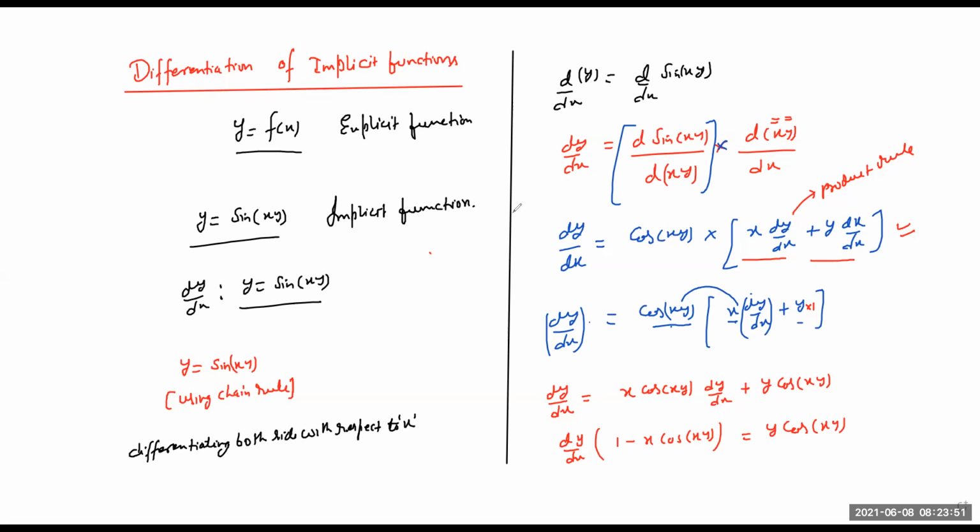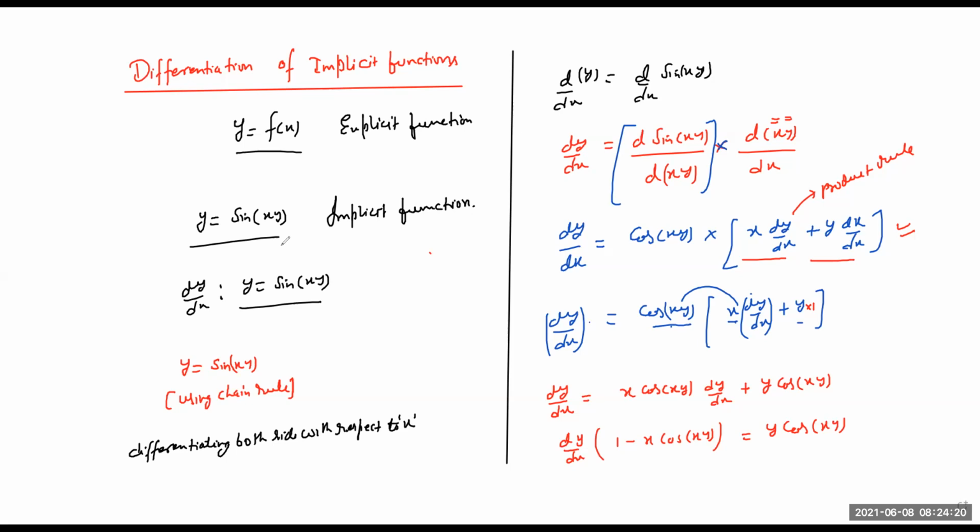Sir, will you just give a short explanation of implicit and explicit function? Yeah. So implicit function means a function in which you cannot express y exclusively as a function of x. Like you cannot write y equals only something which is made of x. When I write y equals f of x, that is called an explicit function.